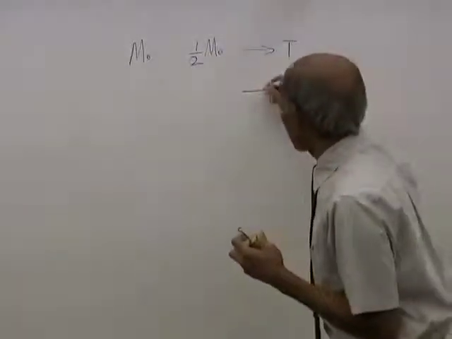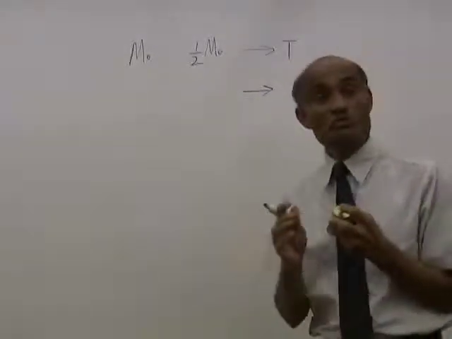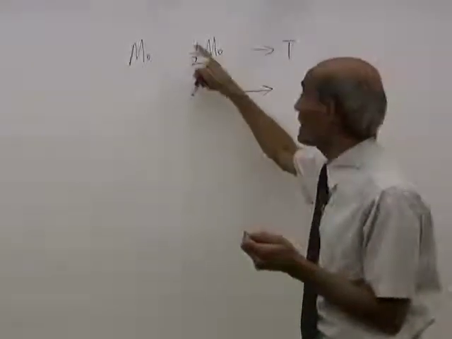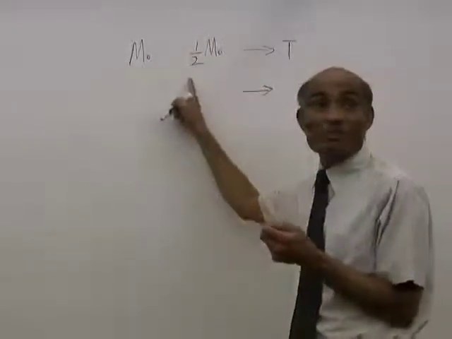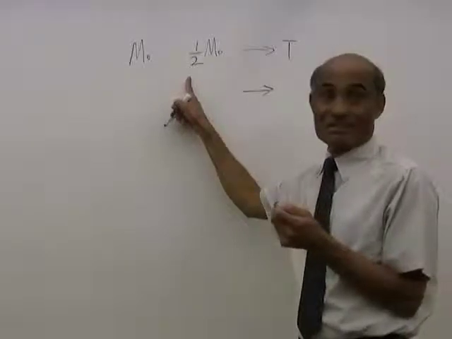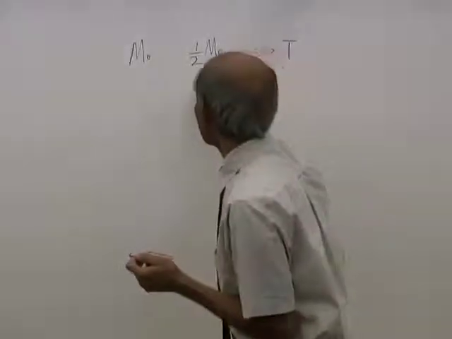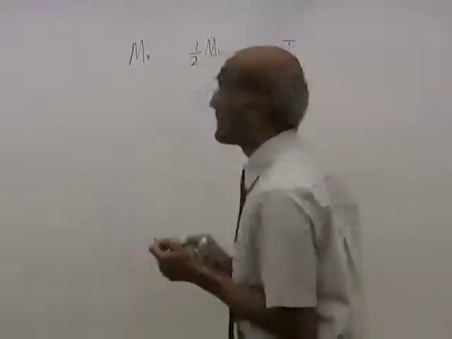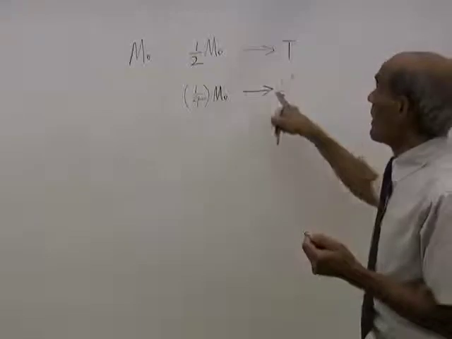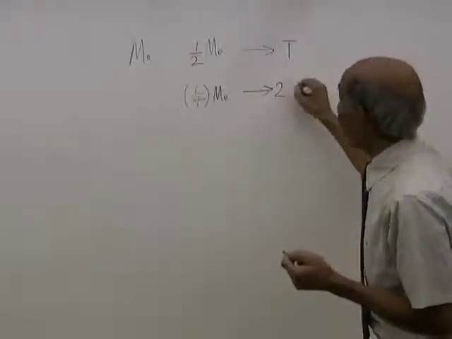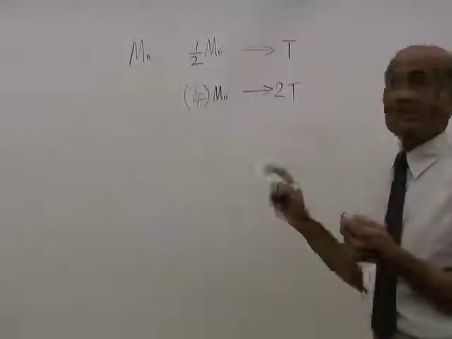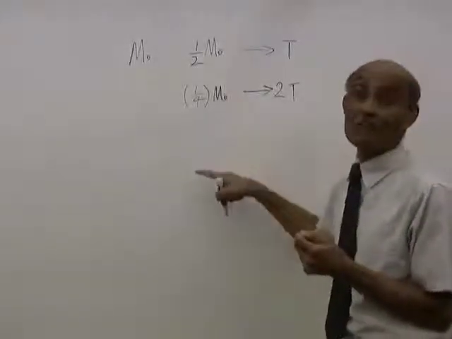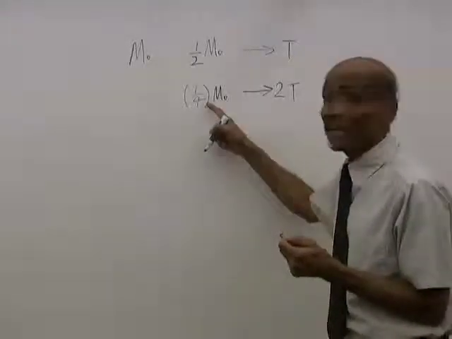Tell me, after another half-life, how much of the original material is left? After another half-life, only half of this will be left, isn't it? So half of this will be 1/4 of m0. So that is after two half-lives. Well, how much of the original material is left after another half-life?